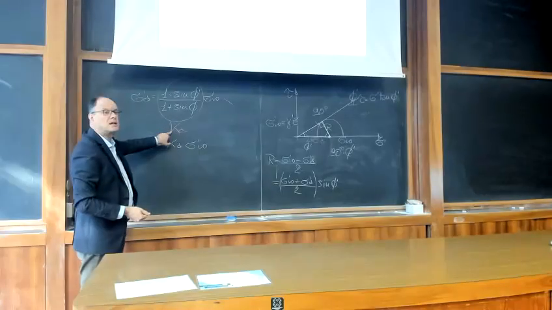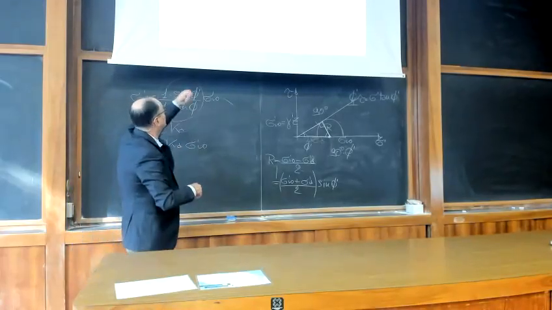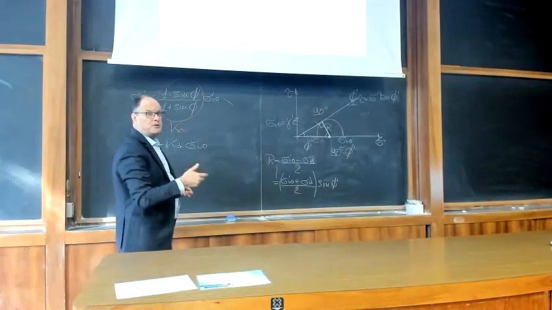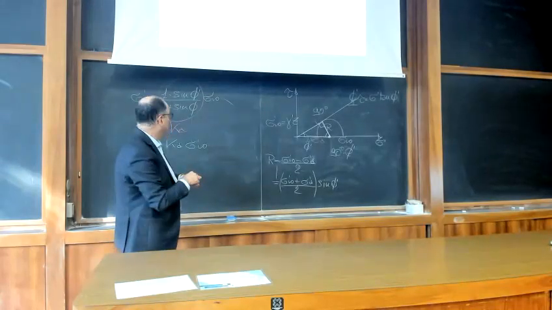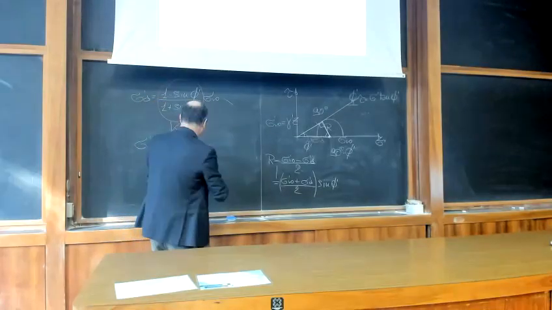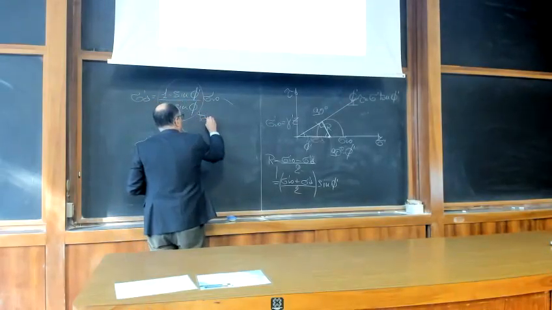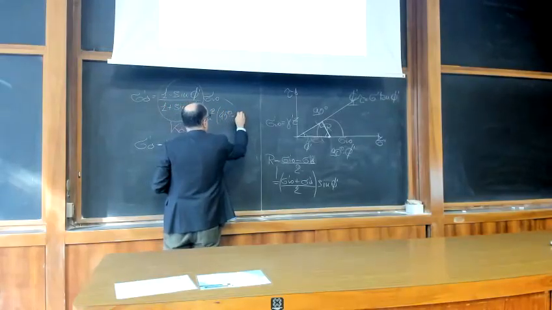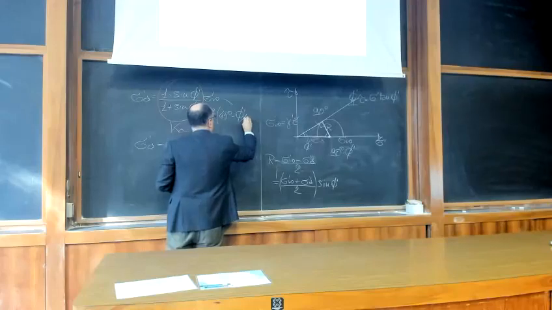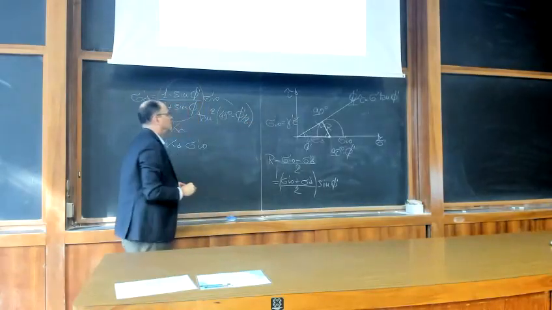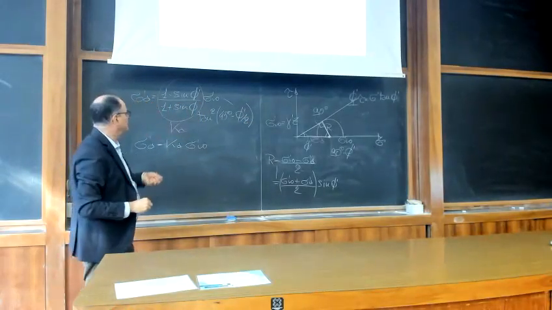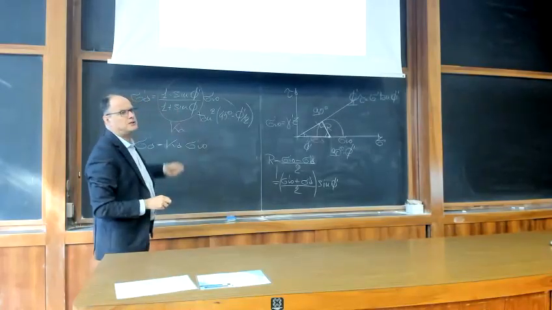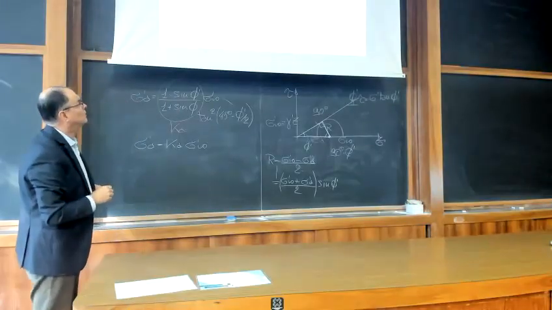So this becomes Ka, and if you apply trigonometric equivalent formulas, you can write this as tangent squared of 45 degrees minus phi dash divided by 2. This gives you exactly the same value. It's just applying the equivalent trigonometric formulas.